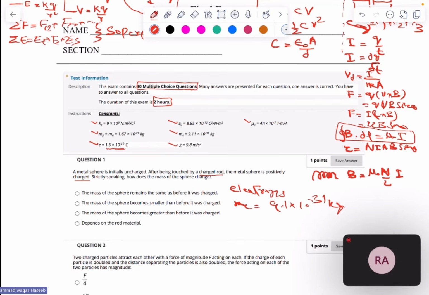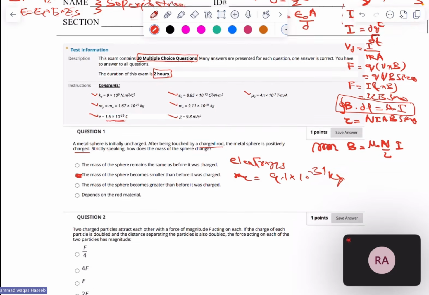So its mass is going to decrease. So the mass of the sphere becomes smaller than before it was charged.